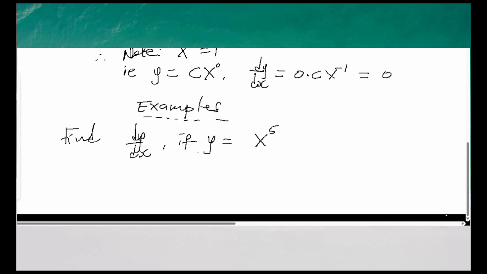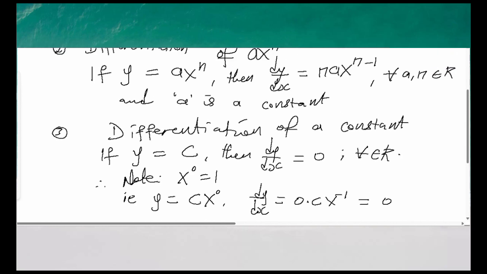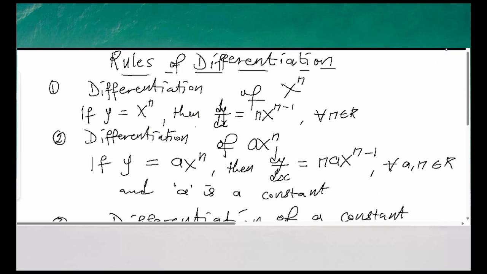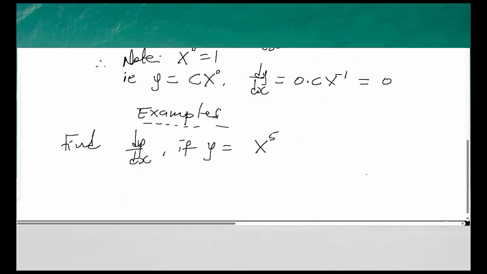To find the first derivative, we can apply the first rule: y is equal to x raised to the power n. So our n over there is 5. We're just going to obey this rule: you multiply by 5, x to the power n, and then we decrease the 5 by 1.